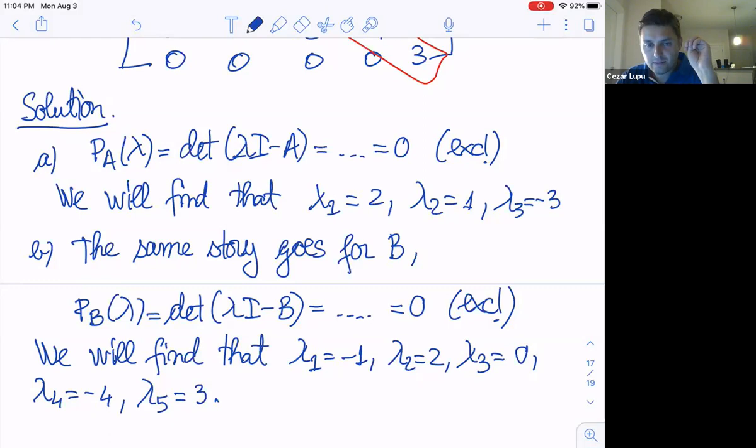Okay, I think this wraps up the story for finding the eigenvalues and eigenvectors for n by n matrices. We have seen it in the example of 2 by 2, a 3 by 3, even a 4 by 4. Now I gave you an example even of a 5 by 5. Fortunately, it was just a triangular matrix.